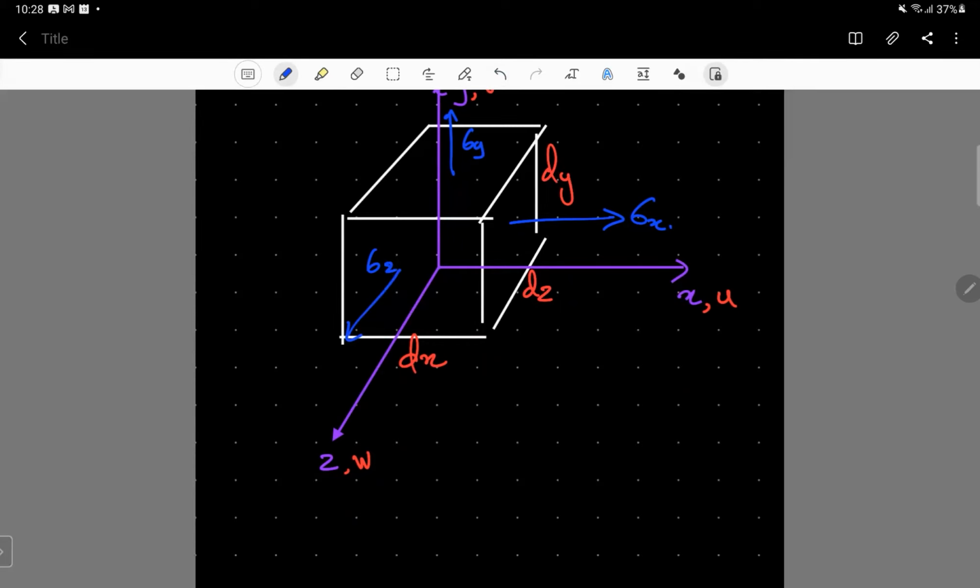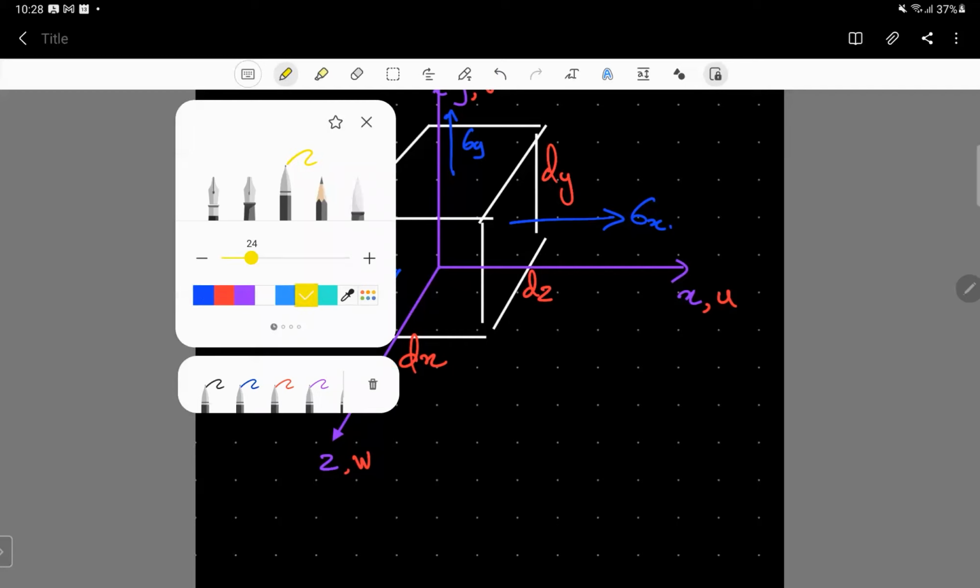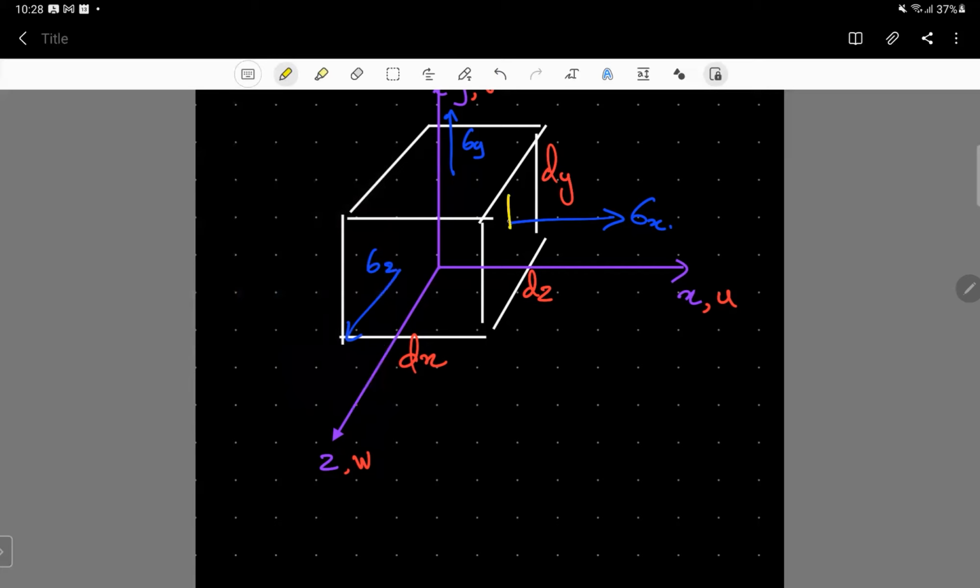The corresponding shear stresses acting on each surface can also be denoted. If you think of the XY plane, there will be a shear stress applied in this direction. Let's mark it here as tau XY. And of course, there will be another shear stress, tau XZ.